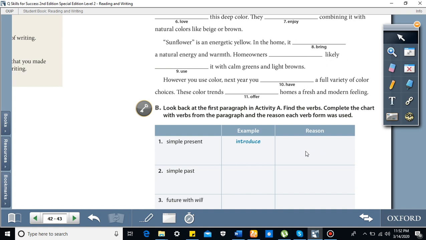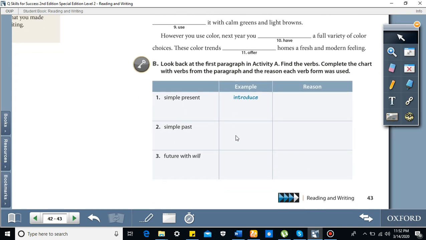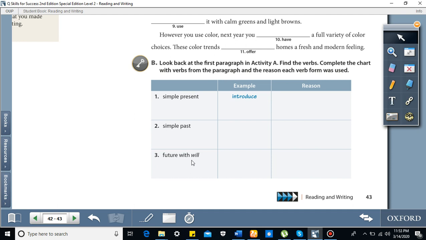Same like this, you need to find one verb for simple past and give a reason. And here also future with will, a verb here, and the reason why this particular verb was used.